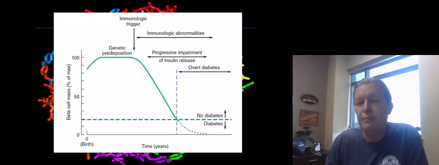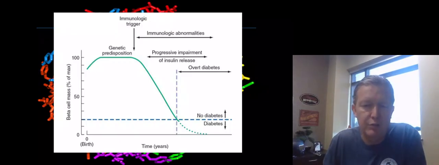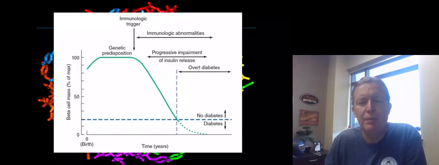Some patients, because of an immunologic trigger, can have a very precipitous drop. In other words, a very abrupt drop in their beta cell production, and within a very short amount of time manifest with symptoms of diabetes. So as the green line begins to slope downward, we have a progressive impairment of insulin release.